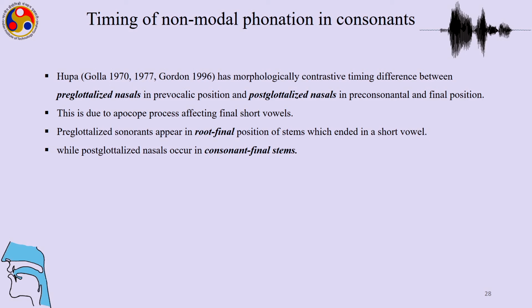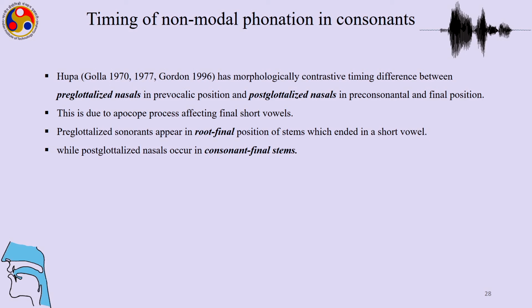Ahupa has morphologically contrastive timing difference between pre-glottalized nasals in pre-vocalic position and post-glottalized nasals in pre-consonantal and final position. Pre-glottalized sonorants appear in root final position of stems, while post-glottalized nasals occur in consonant final stems. So, there can be those differences as well.